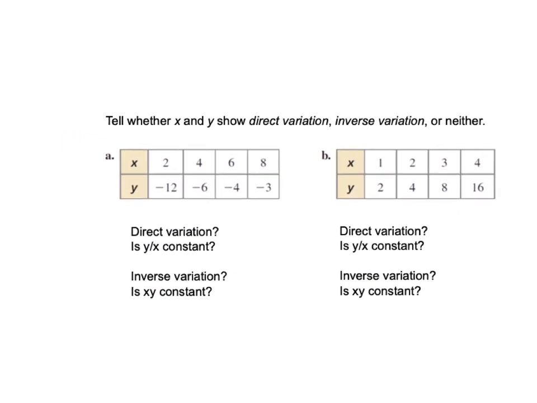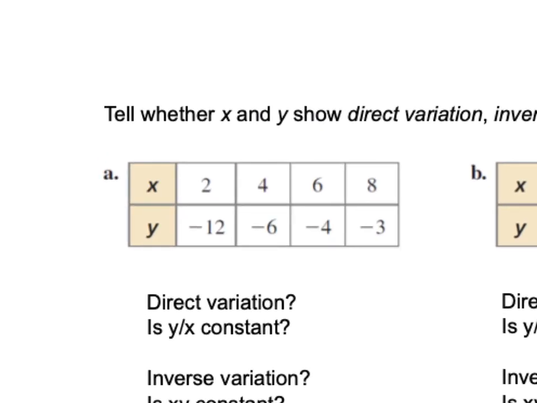So let's look here at our tables. Remember we said if it was direct variation, that means if you divide y divided by x, you should get the same thing every time. I'm going to add y divided by x to my table.